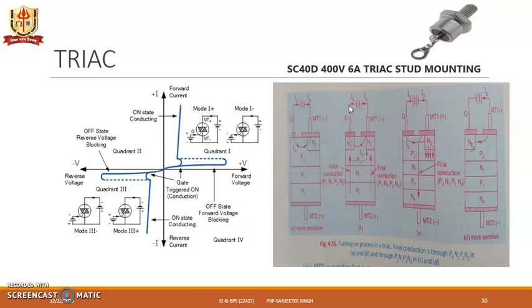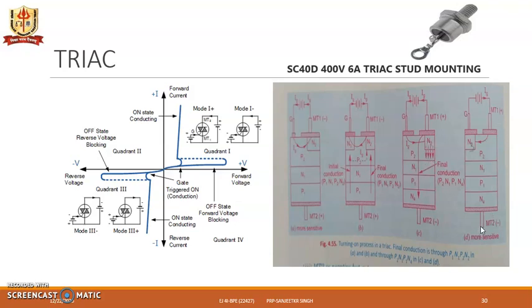Similarly, if the main terminal polarity is reversed, that is MT2 negative and MT1 positive and gate is positive, then we find that current has reversed from main terminal MT1 to MT2. Current is flowing finally from P2, N1, P1, N2.